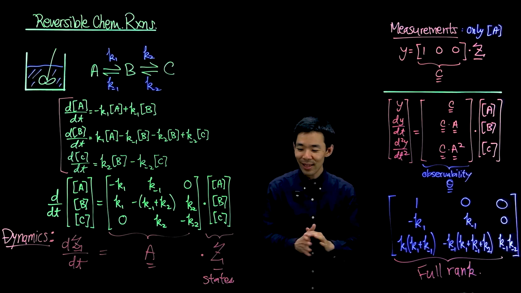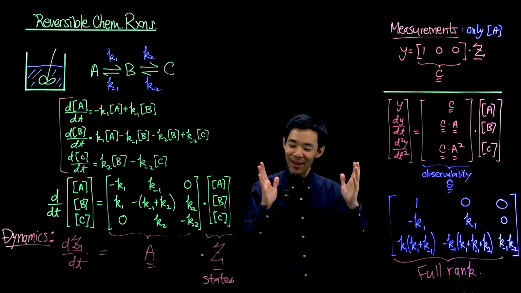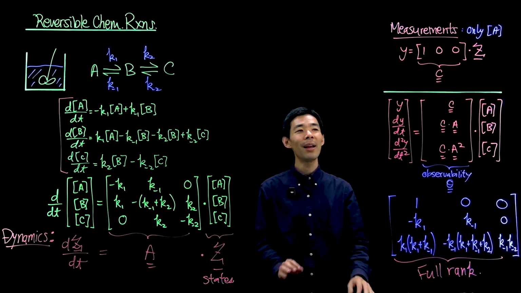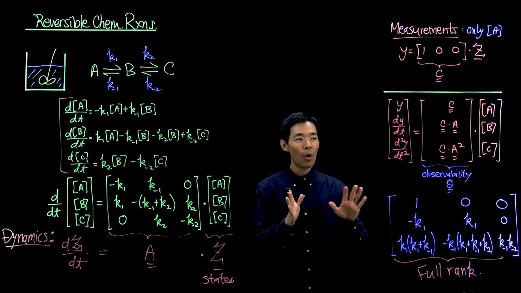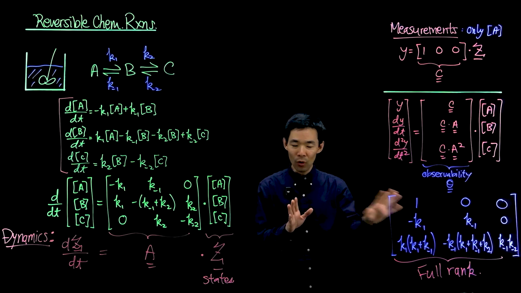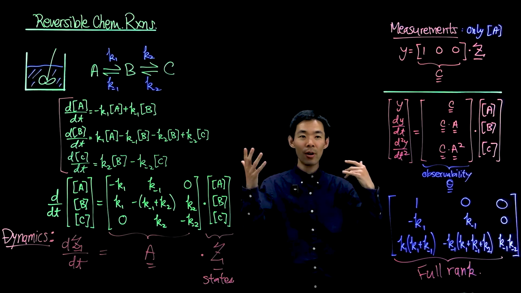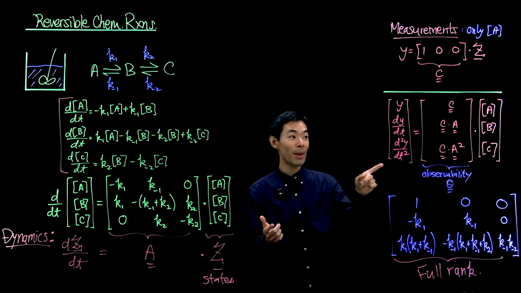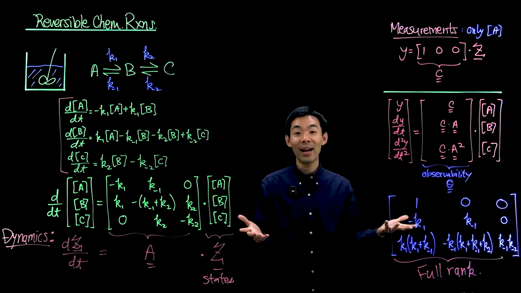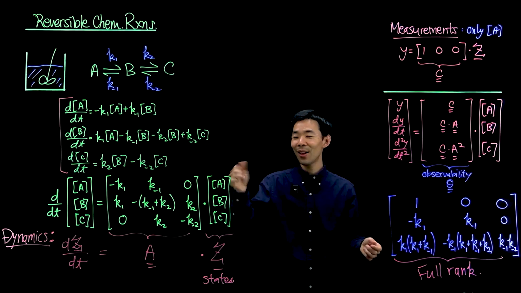So let's see all of this in action, because I think it's such a cool concept. We don't know what B and C are. We don't have access to them experimentally. As an engineer, there are many situations like that where you want to measure B and C, but you can't. But you can measure A, no problem.